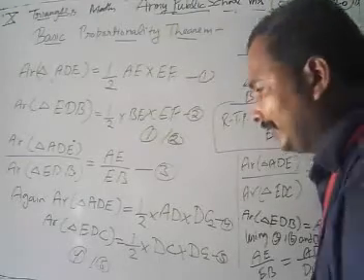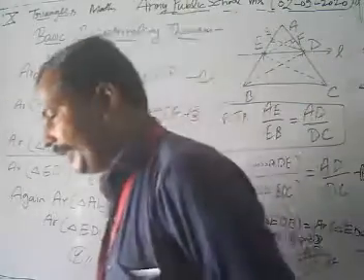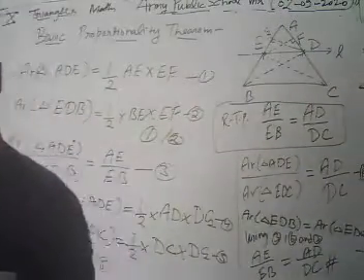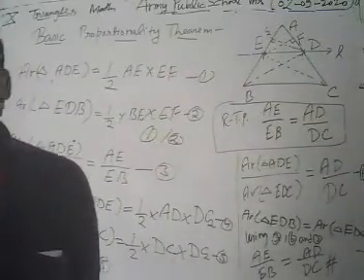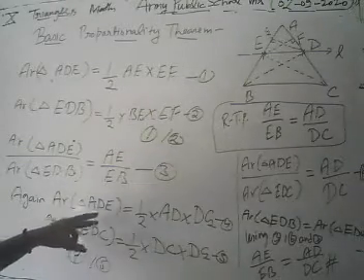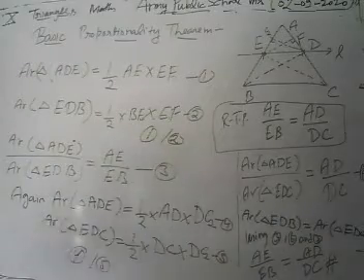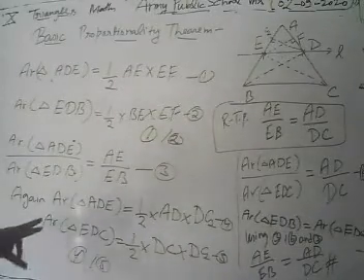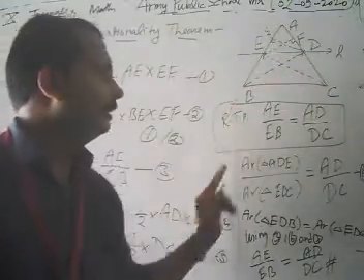To get AD to DC, look at the area of triangle ADE. We can define this in two ways, because this triangle has two heights, so we can change its base. Then again we redefine the area of triangle ADE as half AD into DC, equation 4. Then we take the next triangle EDC.